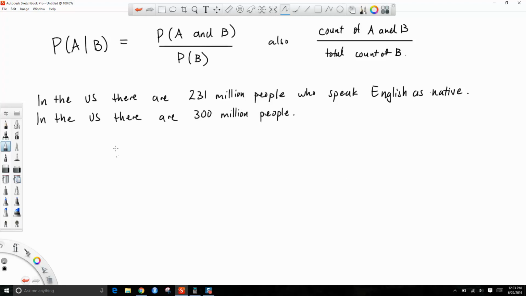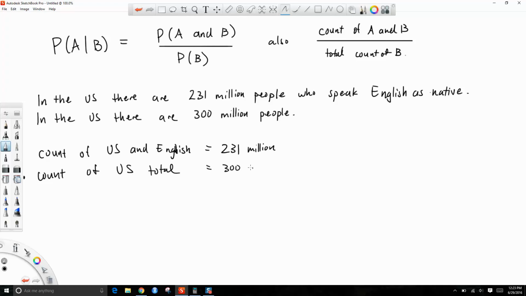And so the count of US and English, native English speakers, is 231 million, and the count of US population total is 300 million.